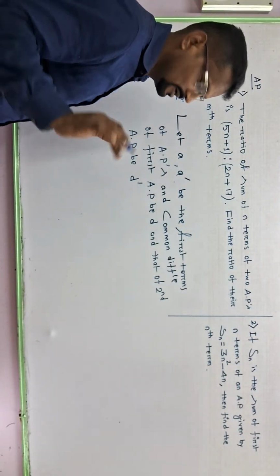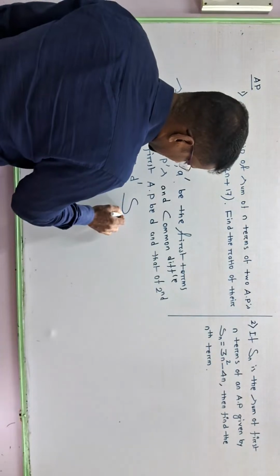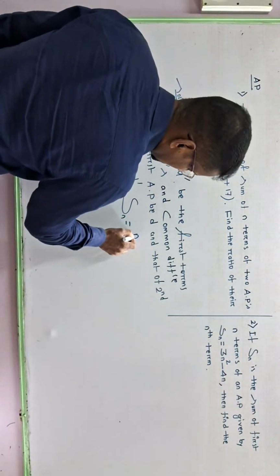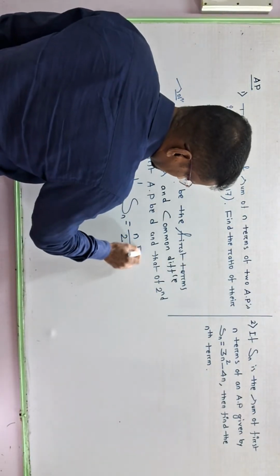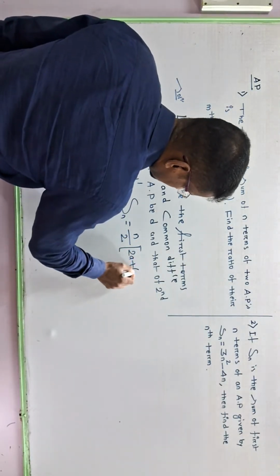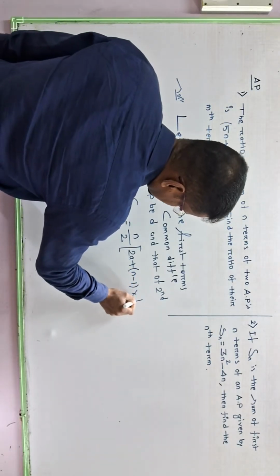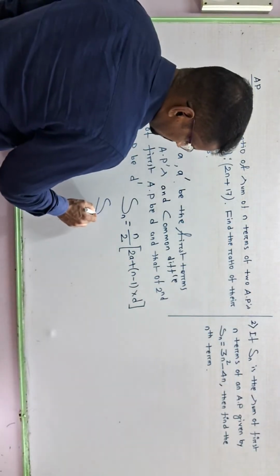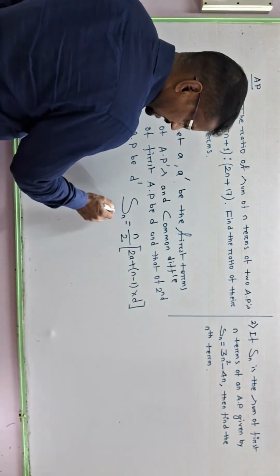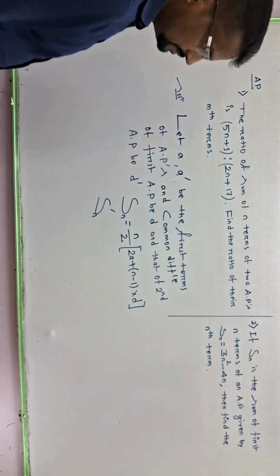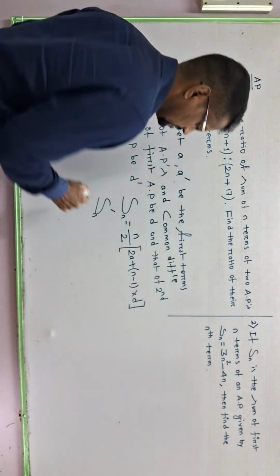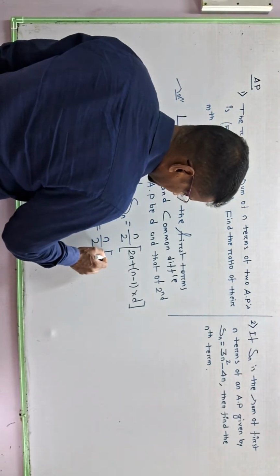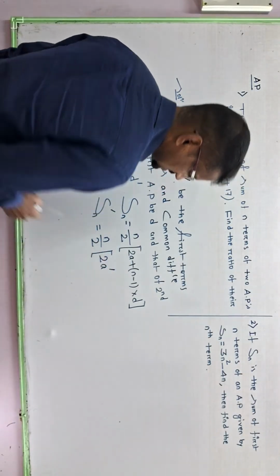সাম অফ এন টার্মস, দেয়ারফর সাম অফ এন টার্মস এসএন বুলি কোৱা। ফর দা ফার্স্ট এপি n by 2 twice a plus n minus 1 times d. Next sum of n terms, Sn dash for the second AP, that's nothing but n by 2 within brackets twice a dash.